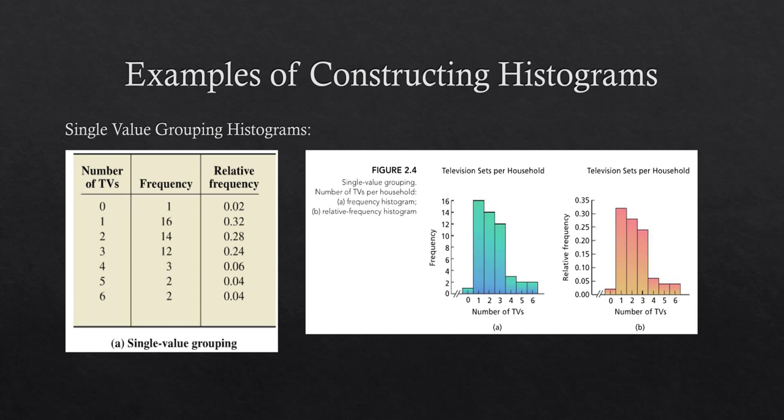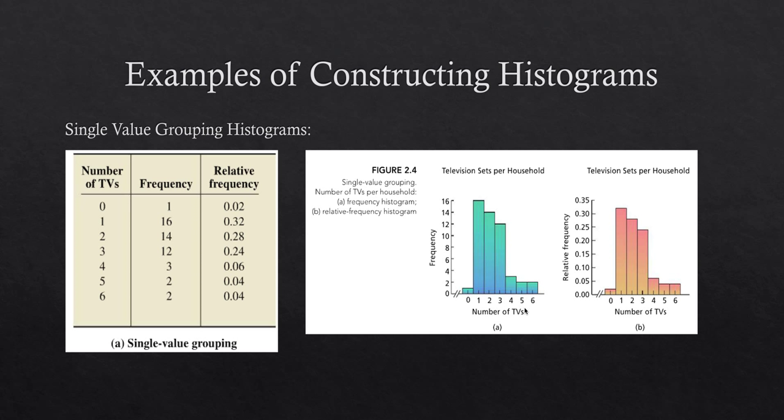We're looking at single value grouping here. Notice how we've already done this chart. See how with our histograms here, this is a frequency histogram. We've got our observations or our classes labeled on this side, and we've got the frequency of the classes, how many are in each class, labeled on the y-axis here, and we have our bars drawn.